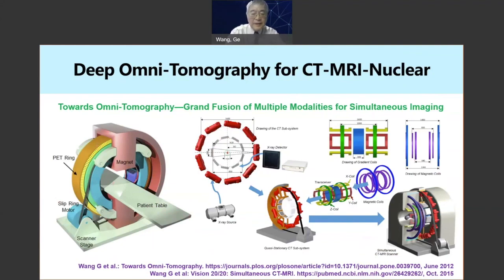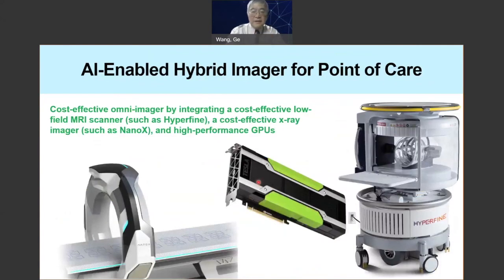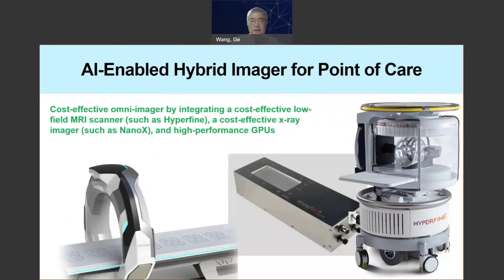As a result, spatiotemporal correlations are ideally captured. However, this idea appeared to be very expensive and data limited, given the bulkiness of individual imagers and the tight space for hardware integration.